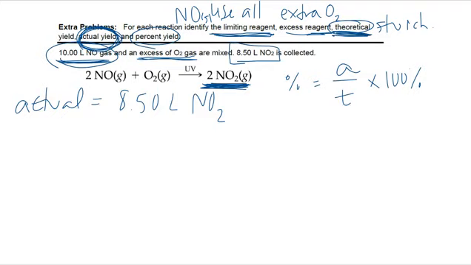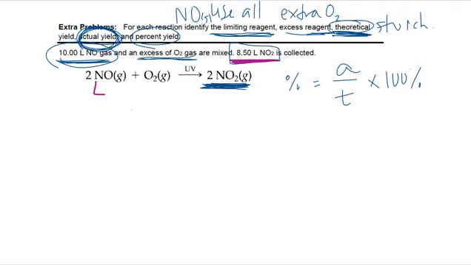I am going to move this writing down because I want to figure out what process we have to do. So number one, we're given liters of NO, and we need to get to, see how we collected liters of our product. So we need to get from liters of this to liters of that.